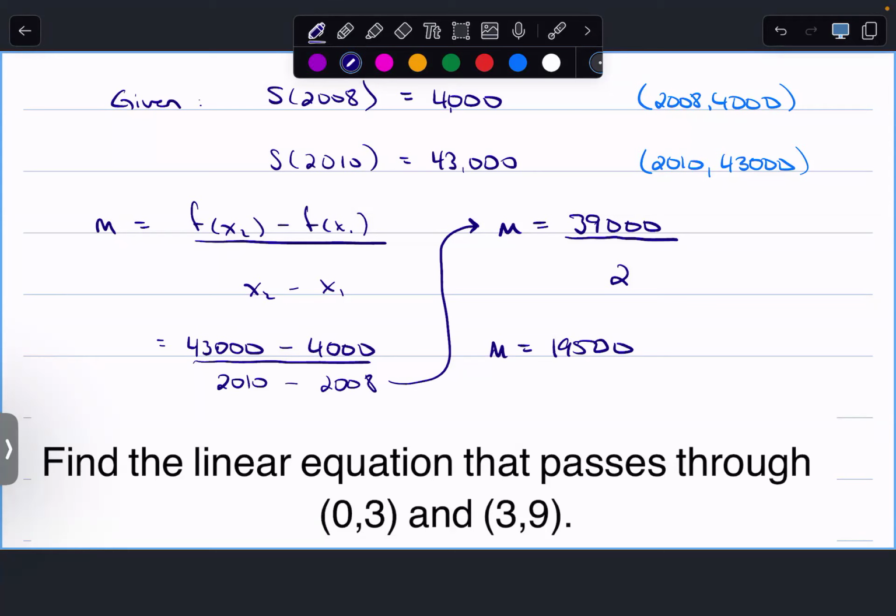We can use the general interpretation of the slope and say, okay, for each unit increase in x, which would mean in this scenario, for each additional year, we see a 19,500 increase in the number of students. Right, we saw that there was a huge jump, and so this makes sense to me. You always want to make sure that your answer makes sense. That sounds stupid, but it's actually valid advice.